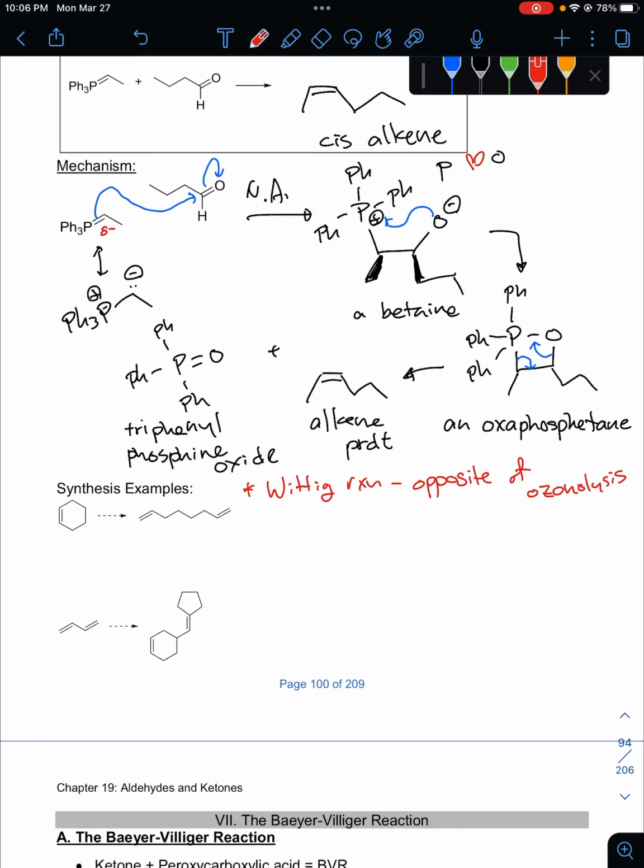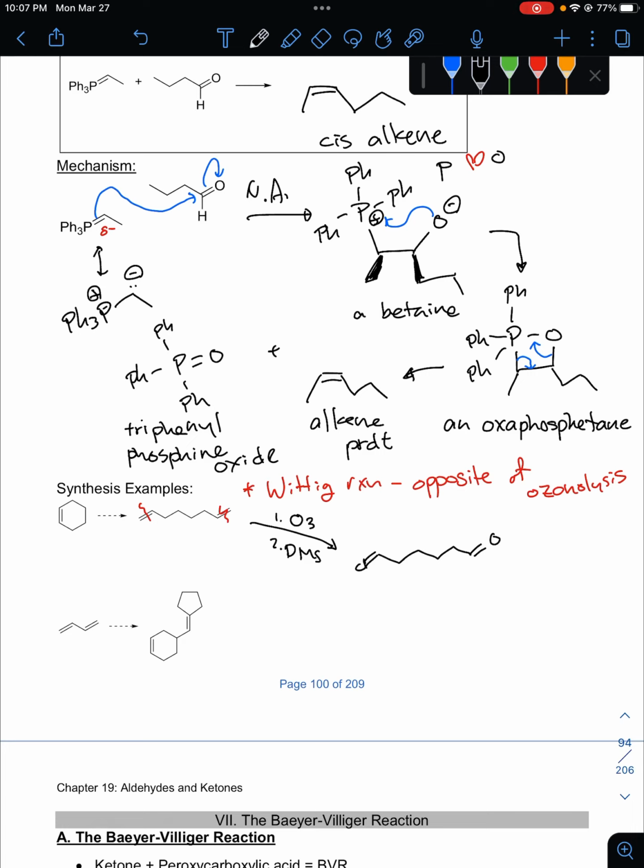That means, remember, ozonolysis would cut up an alkene and make a carbonyl compound, right? Like if I were to do ozonolysis on this, I know this is not the right way to think about synthesis, but indulge me for a sec. You could end up with this dialdehyde through ozonolysis.